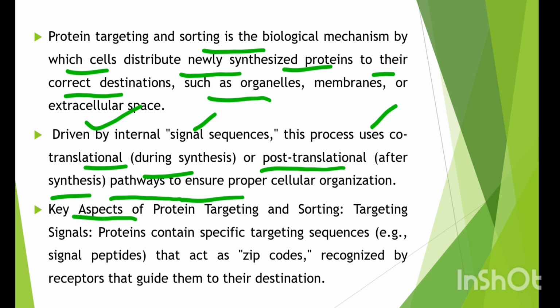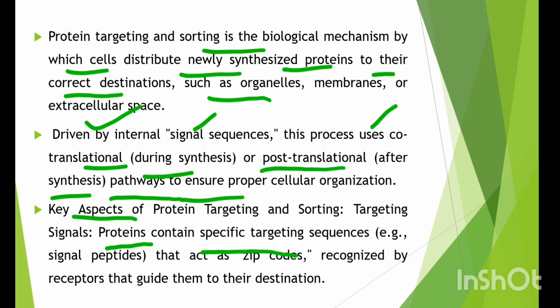Key aspects: what are the main important things to remember? Targeting signals. Proteins contain specific targeting sequences, otherwise known as signal peptides, which act as a zip code. Like we have our pin code, suppose 75100, something like that.